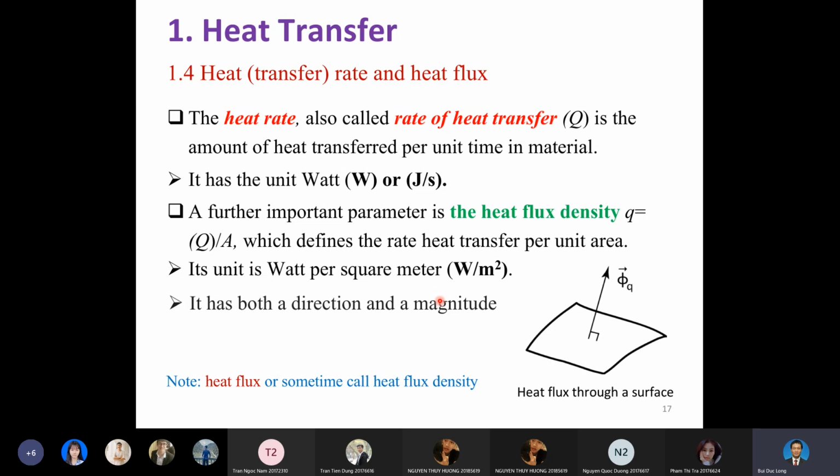So we will go to another definition: heat rate and heat flux.